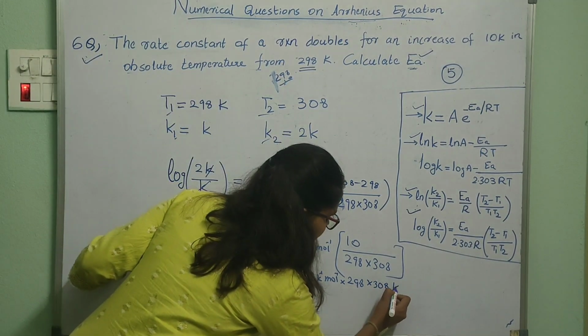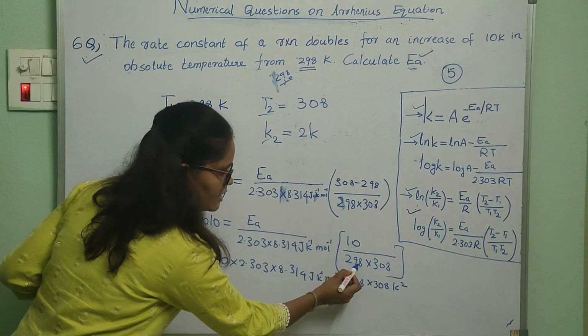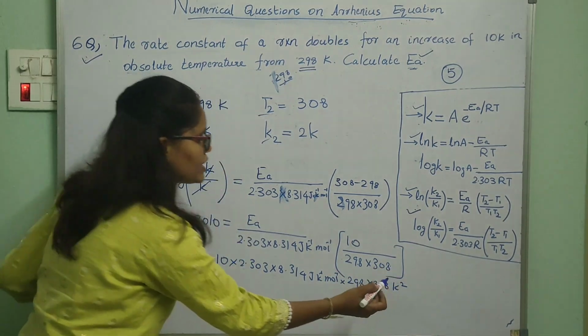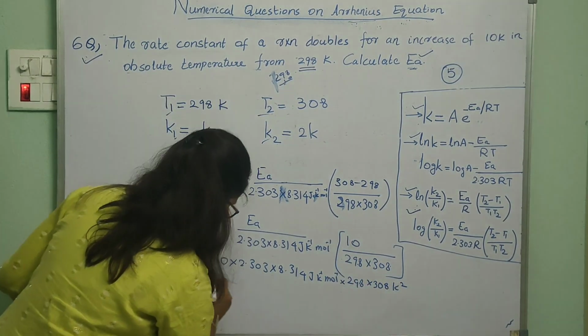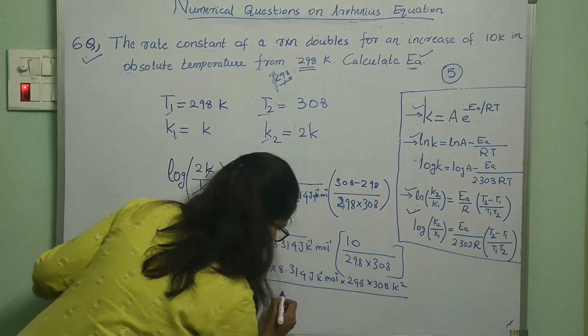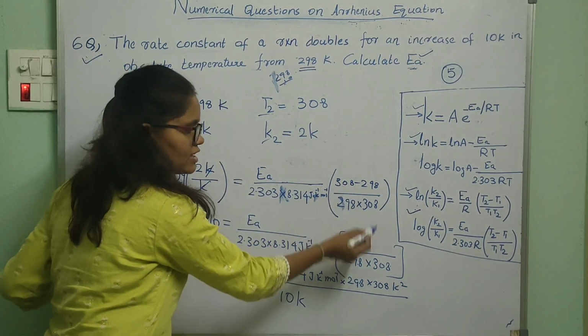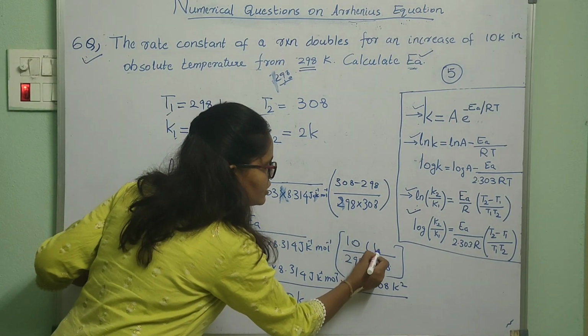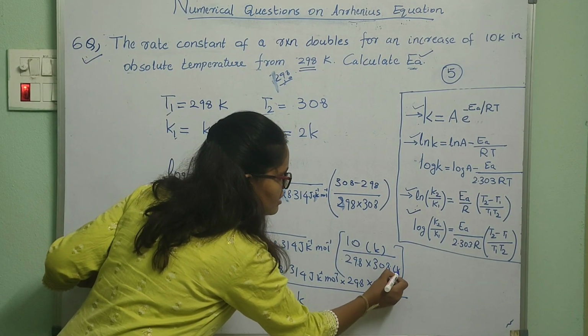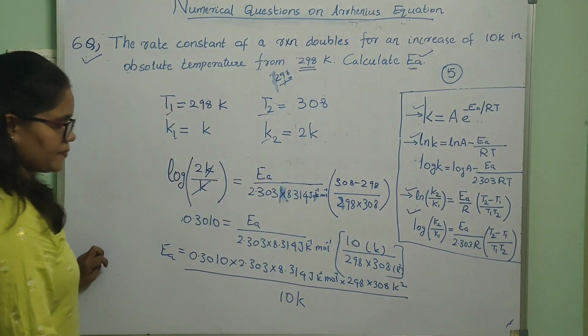Here it is Kelvin square, because 298 Kelvin into 308 Kelvin, it becomes Kelvin square. And in the denominator, you have 10 Kelvin. This is also Kelvin minus Kelvin is Kelvin, right? So I'll write the units in the bracket here. This is Kelvin, this is Kelvin square.